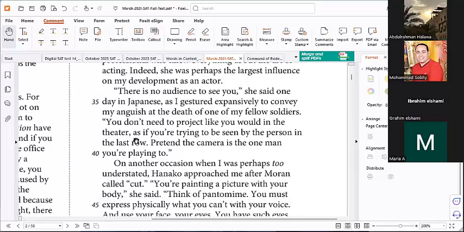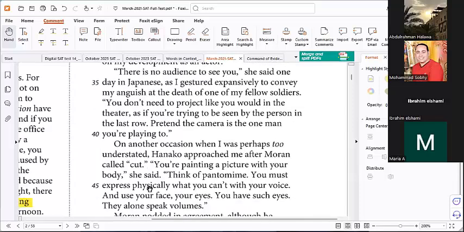There is no audience to see you, she said one day in Japanese, as I gestured expansively to convey my anguish at the death of one of my fellow soldiers. You don't need to project like you would in the theater, as if you are trying to be seen by the person in the last row. Granted, the camera is the one man you are playing to.